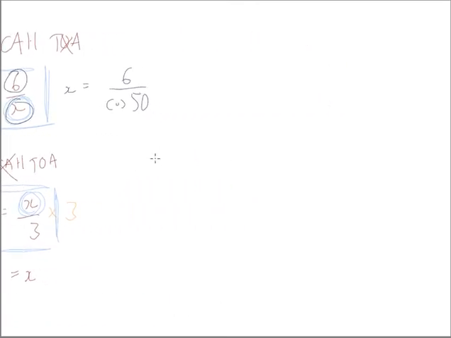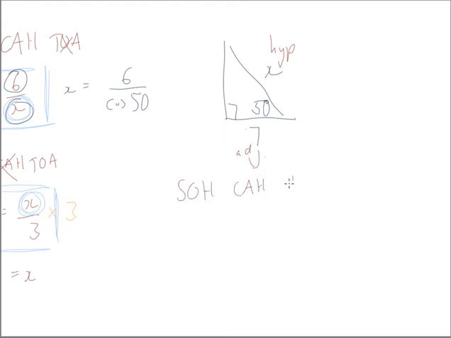If I grab another example, just to illustrate this one more time, if I have an angle of, say, 50 here, and my hypotenuse can be x, and this can be 7 here. I've got my hypotenuse, I've got my adjacent. So again, SOHCAHTOA. Opposite's not involved in this question, it's out.